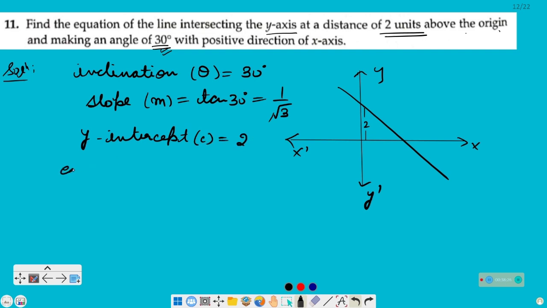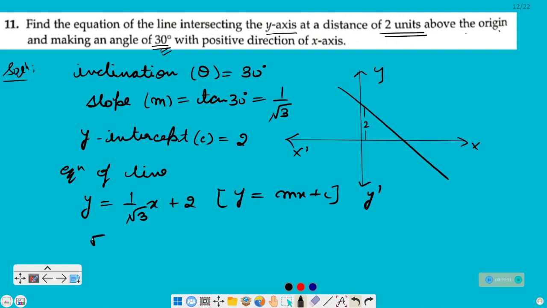Now equation of line will be given by y is equal to mx plus c. m is 1/√3 and c is 2. x minus √3y plus 2√3 is equal to 0. This is the equation of required line.